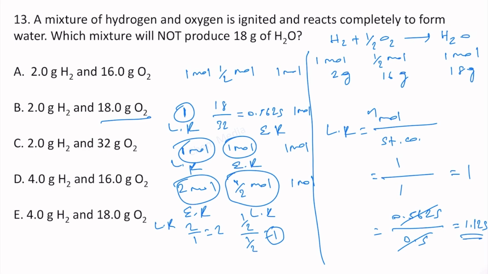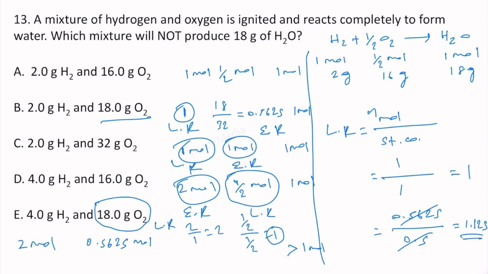Let's check with the option E. In option E, we have 4 gram of H2, that means 2 moles, 18 gram of O2, that means 0.5625 moles. Here we will get more than 1 mole of H2O. Why? Because even though O2 is the limiting reagent, we still have something in excess from the limiting reagent.